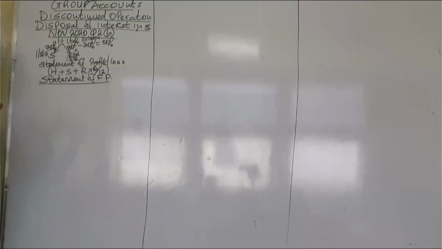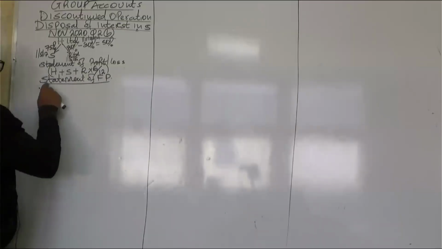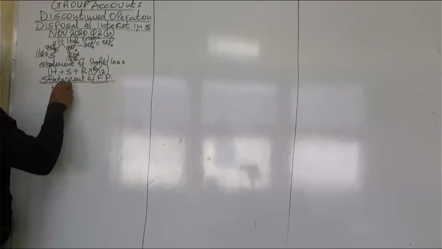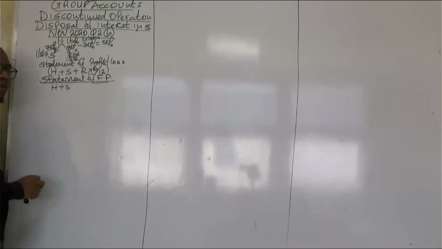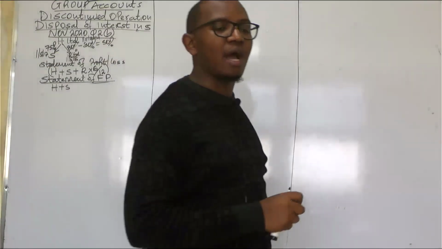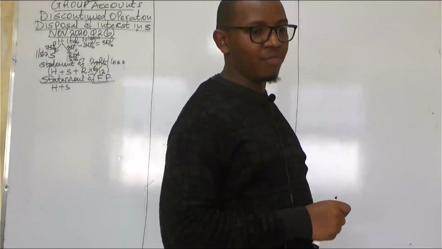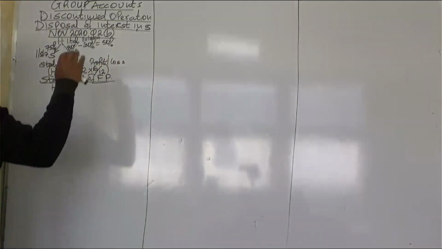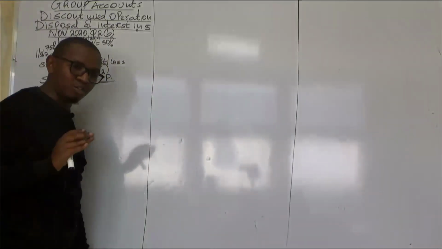On the statement of financial position, I will only consolidate H and what? H and S. R Limited was not existing as a subsidiary as of the year end, and therefore we'll only consolidate those two. Now, that is the first key thing that you need to do.